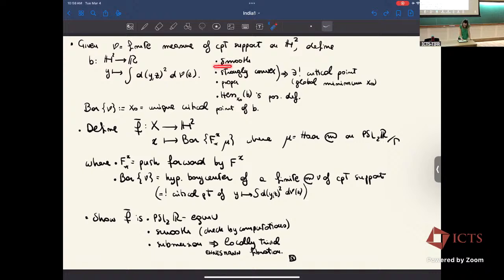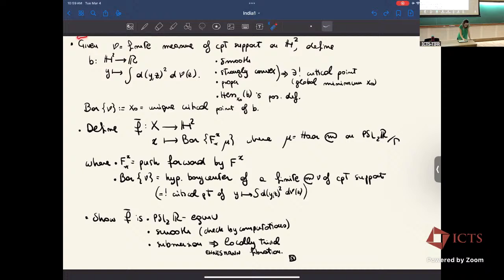And this is smooth, strongly convex. The square is important, and it is proper, and the Hessian is positive definite. So the point is that this map has a unique critical point, a global minimum, and you define the barycenter of this measure to be exactly this unique critical point.